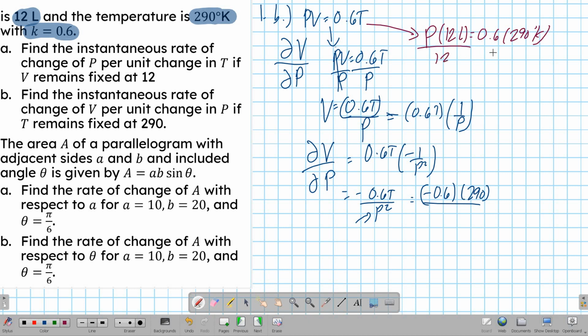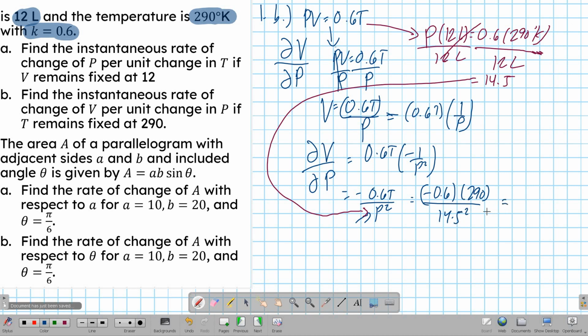So we divide both sides by 12 liters, and this becomes 14.5. Don't you worry, in the given assessment, we do not use that. So that's what we replace here, over 14.5 squared. This ends up as negative 24 over 29.